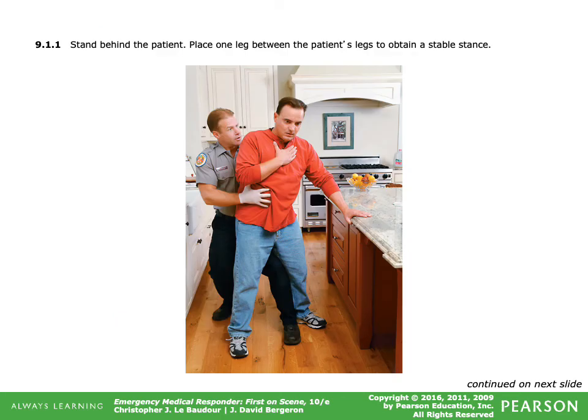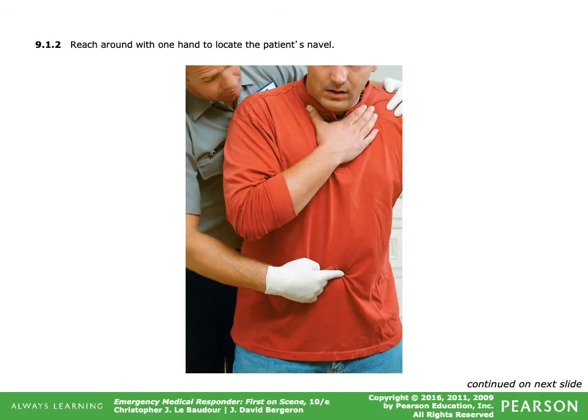All right, stand behind the patient. Place one leg between the patient's legs to obtain a stable stance. Reach around with one hand and locate the patient's navel. You can see he's locating the patient's navel with his index finger.